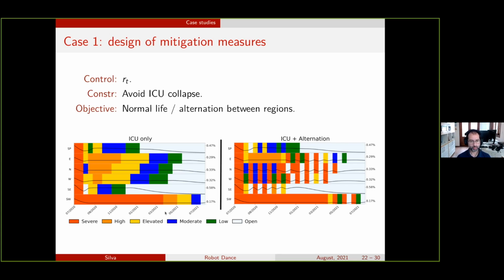So here was one of our case studies, to look at that idea of looking at the population of the state as many subpopulations from different regions.